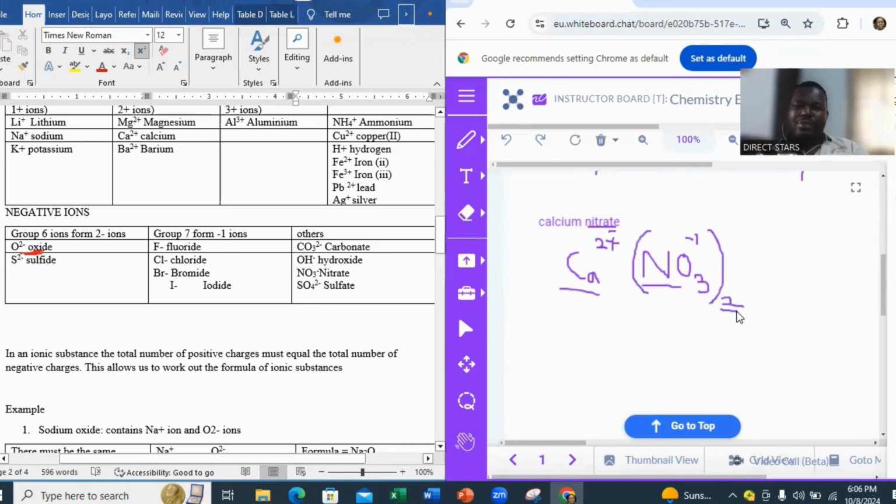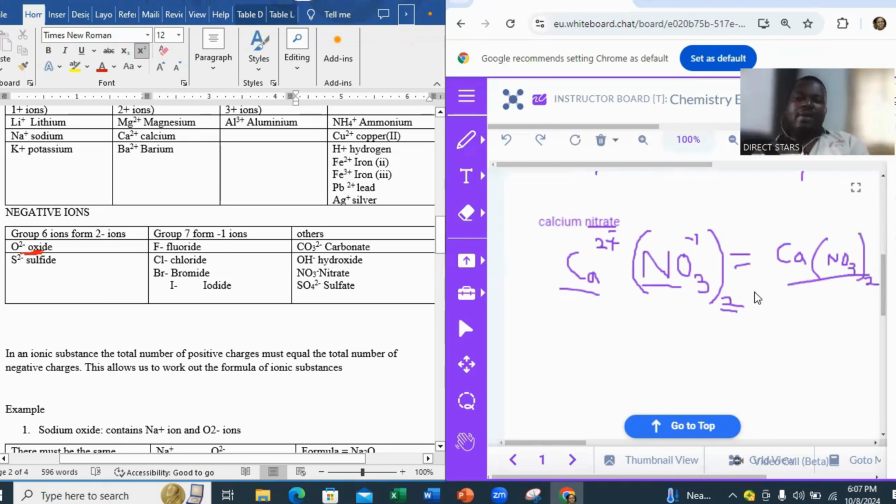So +2 -2 gives you 0. So that is the formula for this compound. The formula then becomes Ca, open bracket, NO3, then 2. When you're done with this, you don't need to write the charges anymore.